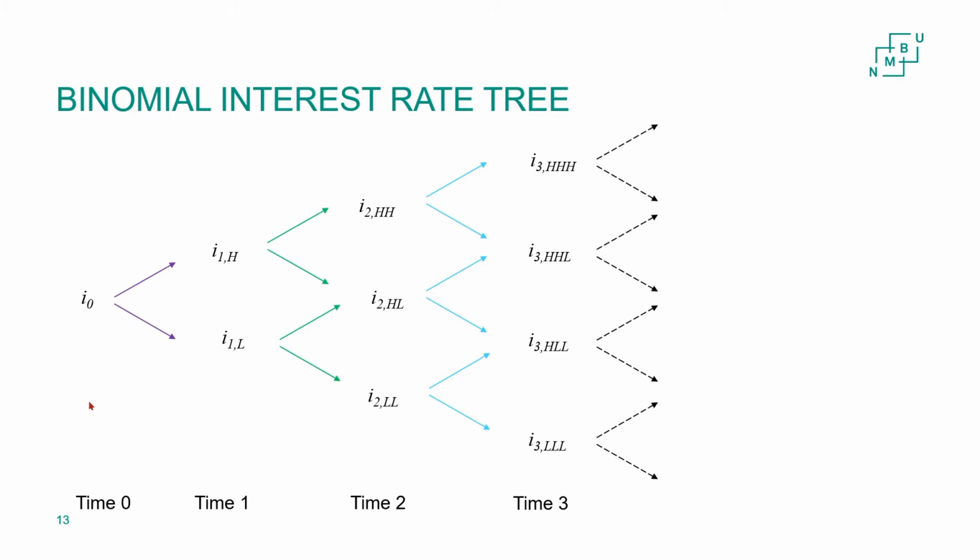And here you can see that as you move on in time, you get more and more combinations. So the interest rate can go from the current state and go either up or down. At every node, it can go up or down to the next node. And that's why you can make the interest rate process contain many different kinds of interest rates.